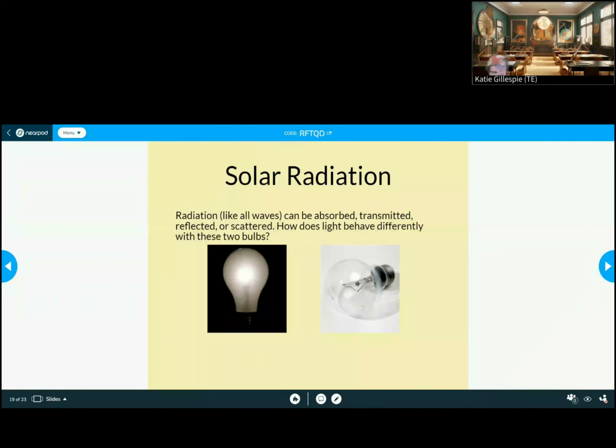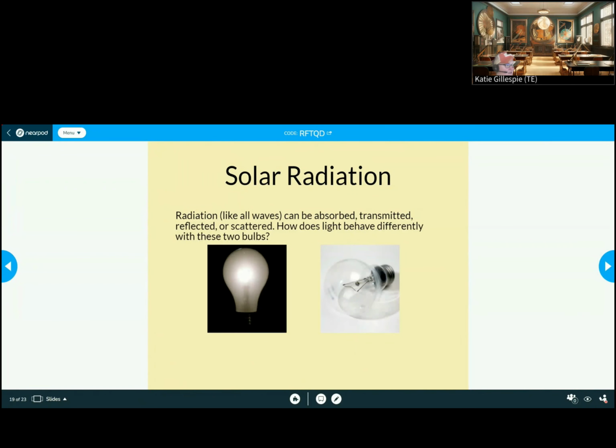It reflects solar radiation. But I want you to take a look at these 2 bulbs here. You've got the one on the left, a more incandescent light, right? The one on the right, that bulb is very transparent. Pause it and think about this: what would be the difference of transmission of that white light through those bulbs?